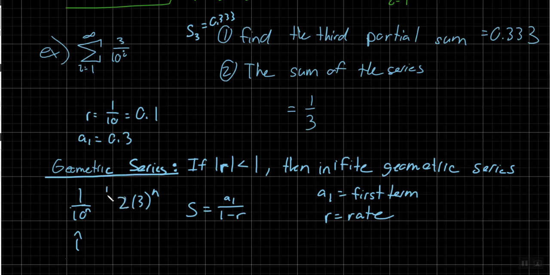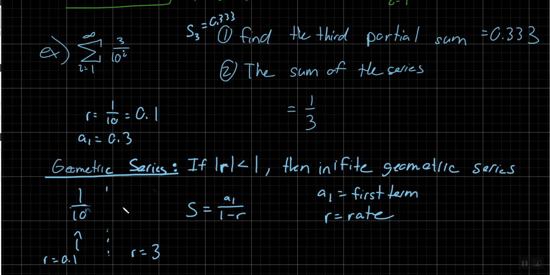What is my rate in this one? Yep, 0.1. What is my rate in this one? That's my coefficient up front. Just 3. That's what the n is affecting. So my rate would be 3 for this one. But my rate isn't less than 1 in this case, so I can't use this formula. I can only use this formula when the rate is less than 1.